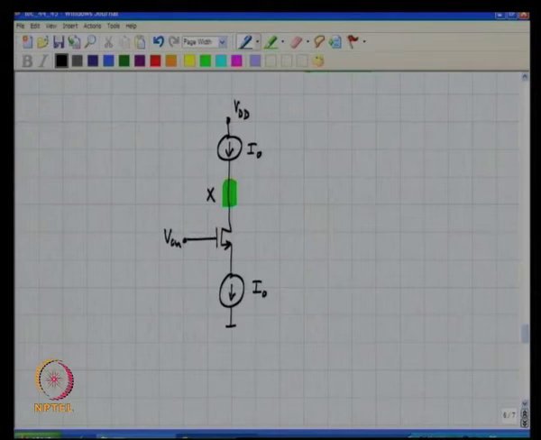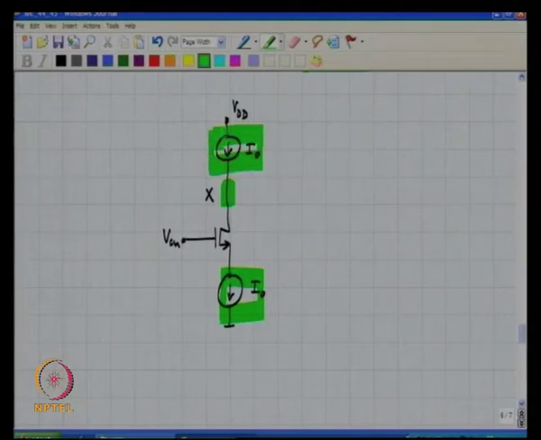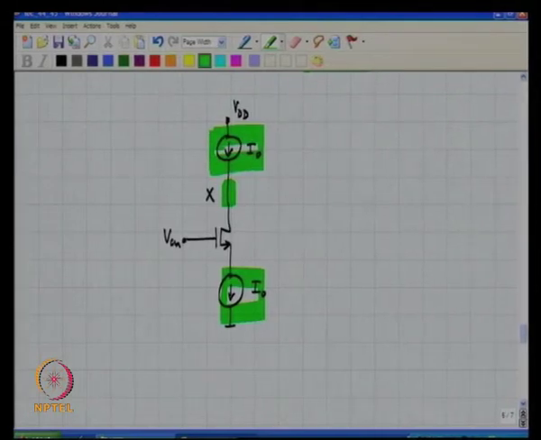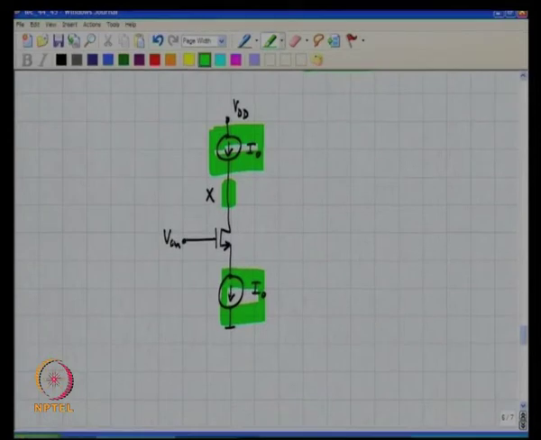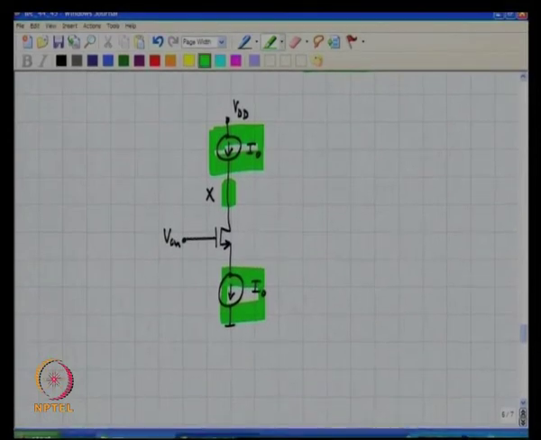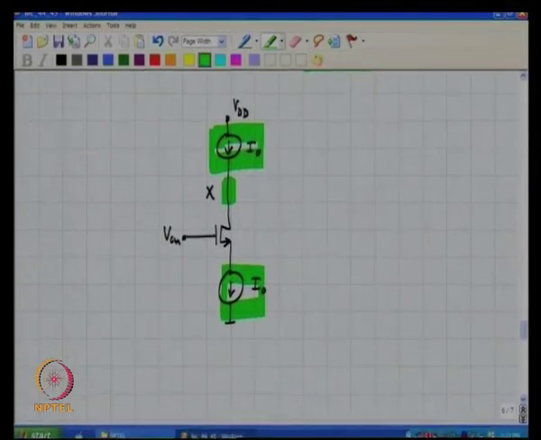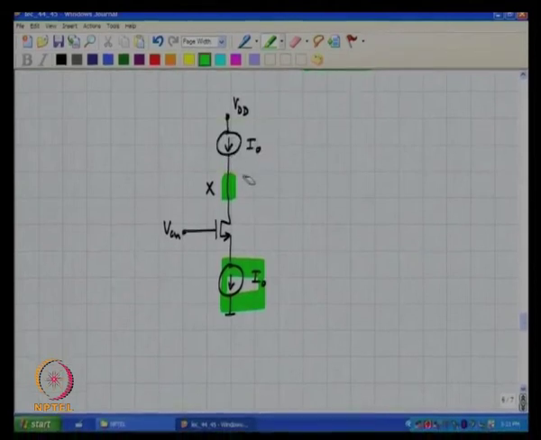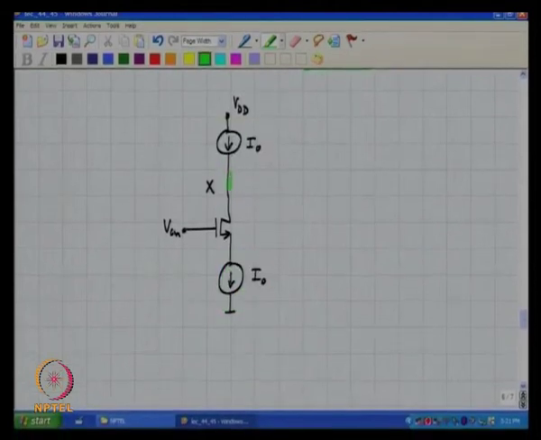So, if the tail current here I naught and the current source in the load were exactly identical, up to the 200th decimal place, then one can say that the amount of charge flowing into node x is exactly the same as the charge which is being removed from node x in a particular interval of time.